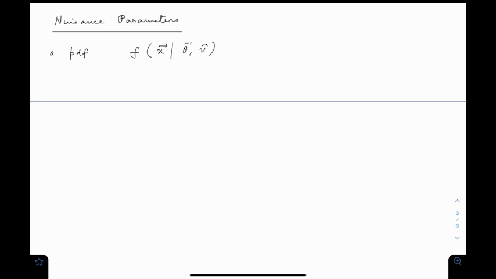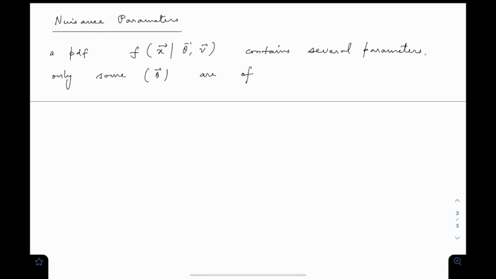It contains several parameters from which only some are of interest. Whereas the other parameters are denoted by the vector nu, these are unwanted, but influence the estimate of the former. These are called nuisance parameters.